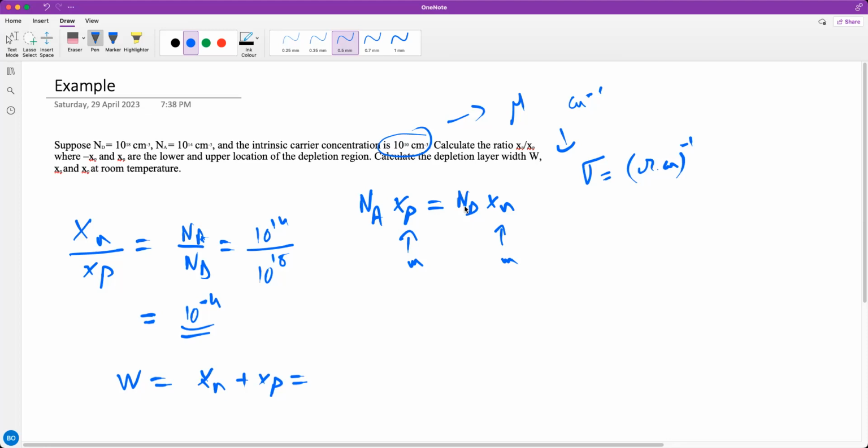Any question, any idea? Should we get it in terms of one of them?